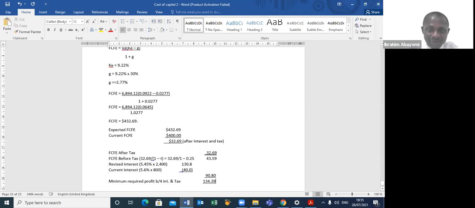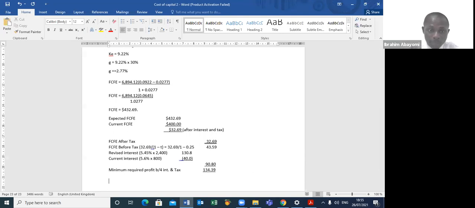The question says minimum required return. Anytime you hear return, please compute it as a percentage. So the minimum required percentage return will be equal to the required profit, 134.39, all over the debt we are taking, 2,400, times 100.